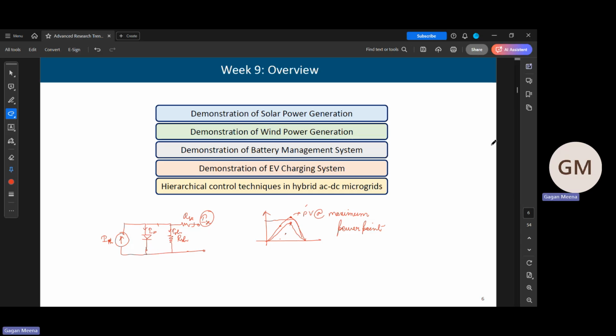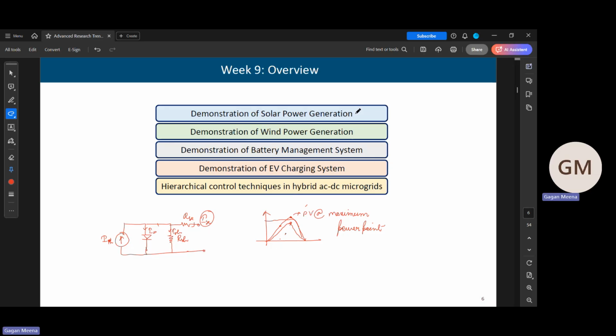Because we want to operate at maximum power point, how can we demonstrate that? What are the controls required in maximum power transfer? What are the different loops available for controlling the solar power plant?